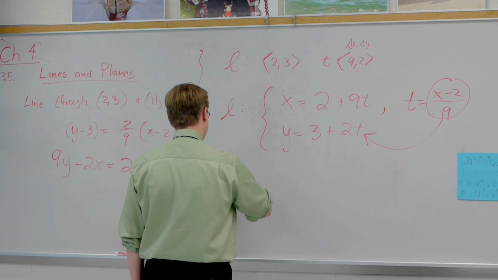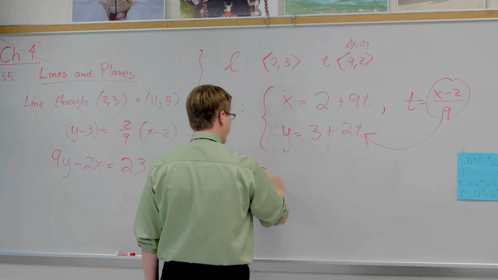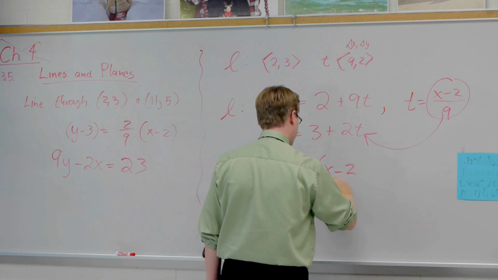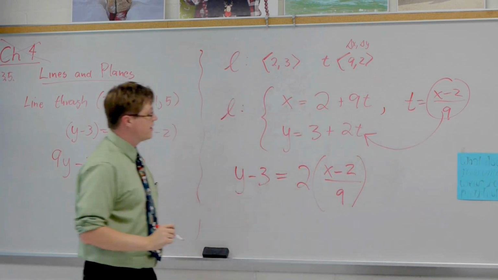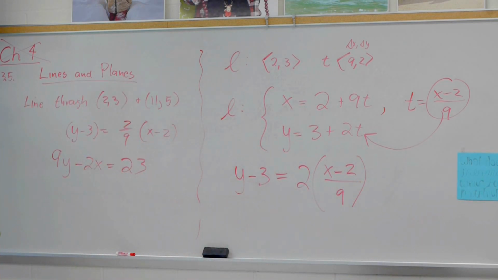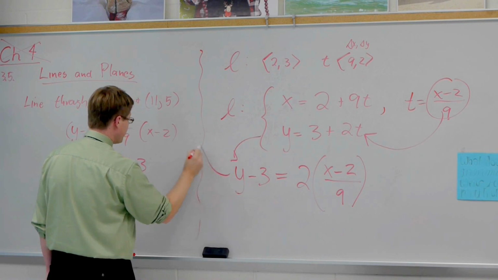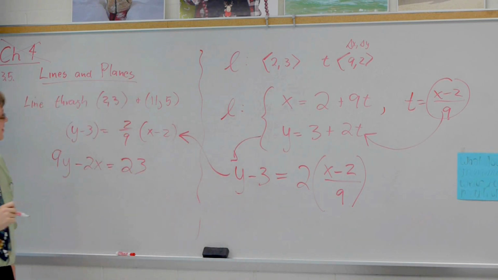And I get y minus 3 is 2 times (x minus 2) over 9. Which, surprise, surprise, is the same as that.